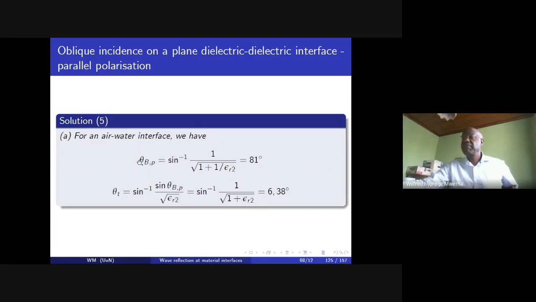We have that the Brewster angle is given by the sine of that equation there, where epsilon r1 is of course the air, and epsilon r2 is of course that for water, and therefore this gives us a Brewster angle of 81 degrees.